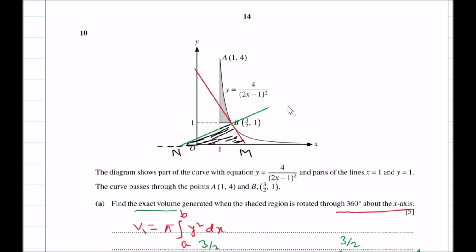Let us see what we can do now. As we can observe, this is a right angle triangle because tangent and normal intersect each other at 90 degree. So this angle is 90 degree here. Let me show which angle, at B. This is 90 degree.